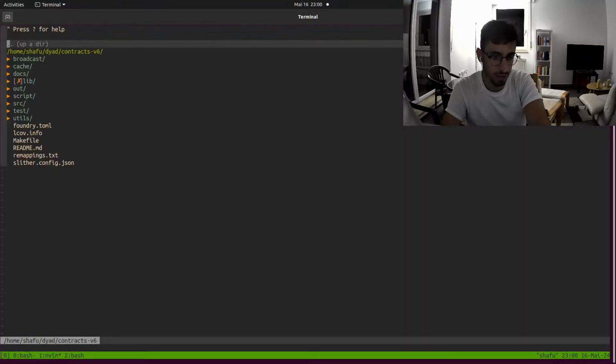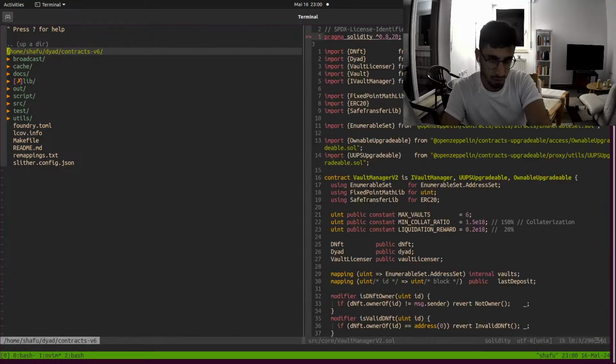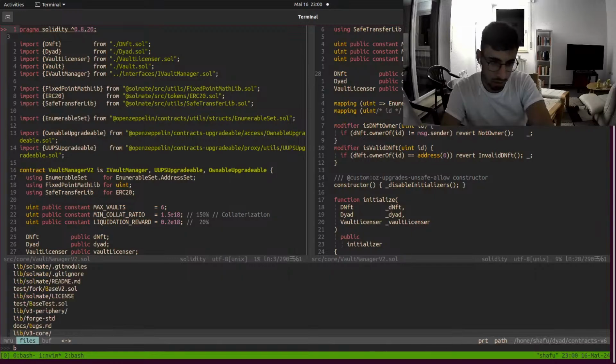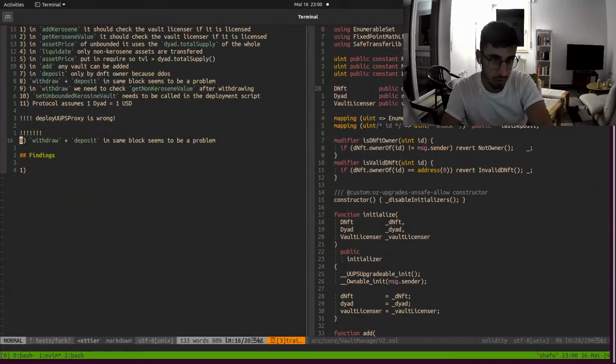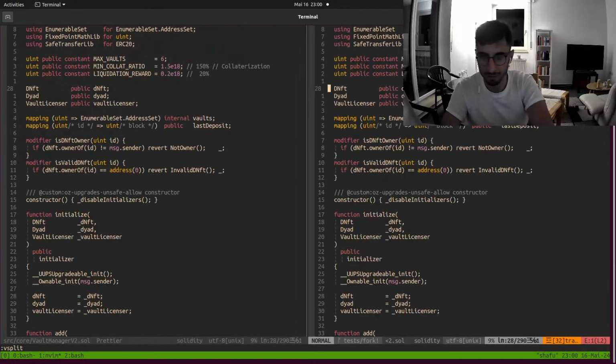Someone mentioned about doing a withdrawal and deposit in the same block. That could be an issue.